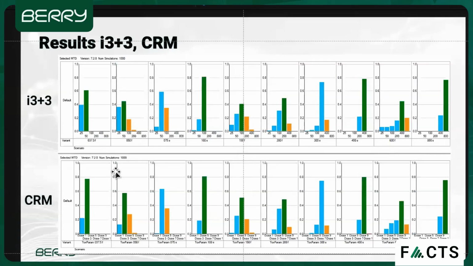And you can see the CRM does begin to introduce some differences. It's got a higher peak here in the scenario where the correct choice is a very low dose, and similarly, it does better in the next scenario, although it has a slightly higher tendency, if it gets it wrong, to be wrong in the dose above. It does a better job again here, picking the right dose when the correct dose is, say, 150 milligram.